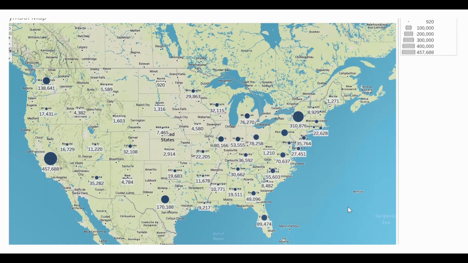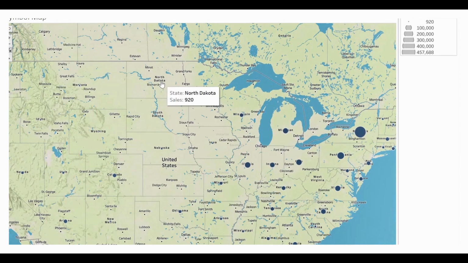Now you can understand what my highest sale is, it's showcased by the biggest circles. What is my lowest sale, it's showcased by the smallest circles. If you check it out, North Dakota is, I think, my lowest. See, 920. The smallest circle is showcased.